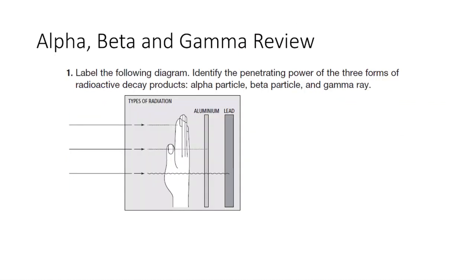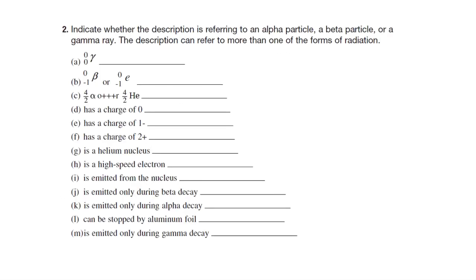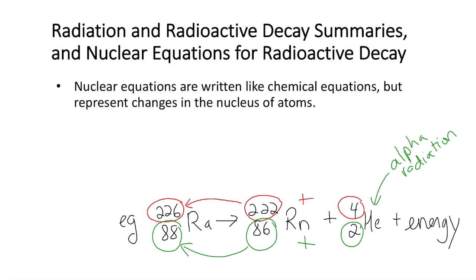So some files will be put onto Teams so you can get a bit more practice in, so make sure that you download these. More practice, which will be on Teams, as will this. So radiation and the radioactive decay summaries and nuclear equations for radioactive decay.